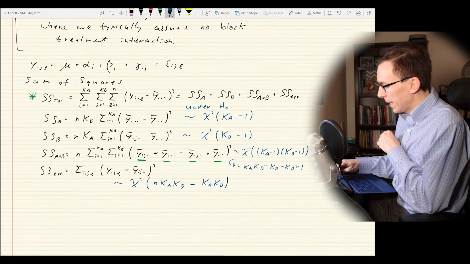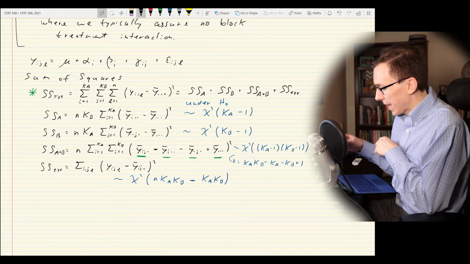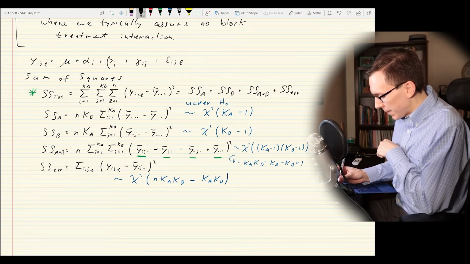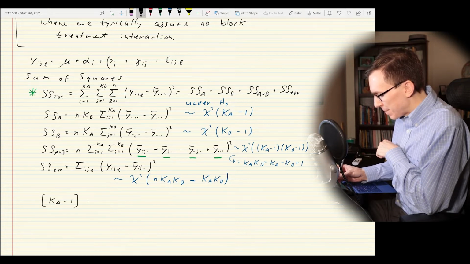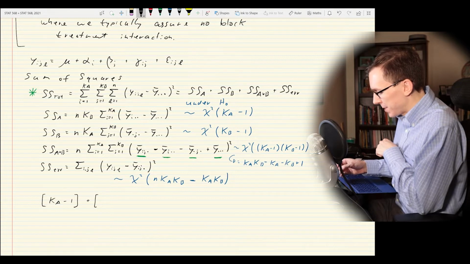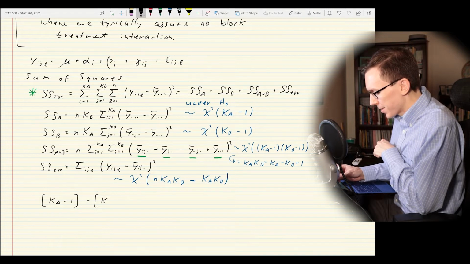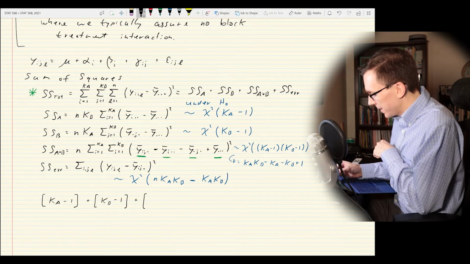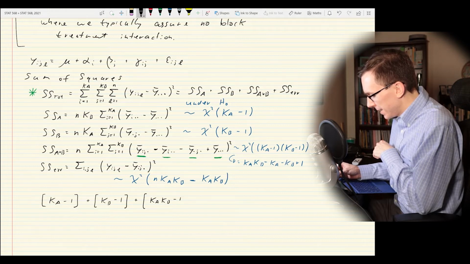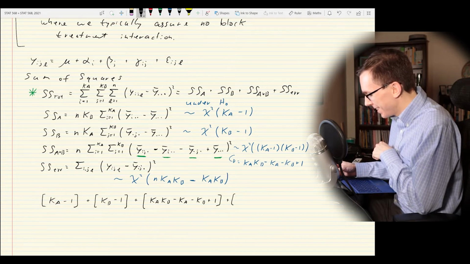The one thing that's always good to check, to make sure I didn't make a mistake, is that if I take all of these degrees of freedom and add them together, I should get the total sample size minus 1, which is the degrees of freedom for the total sum of squares. So let's make sure that actually works. If I take all of these terms, we'll write this as Ka Kb minus Ka minus Kb plus 1, and then n Ka Kb minus Ka Kb. It's arithmetic, but it's annoying arithmetic, isn't it?